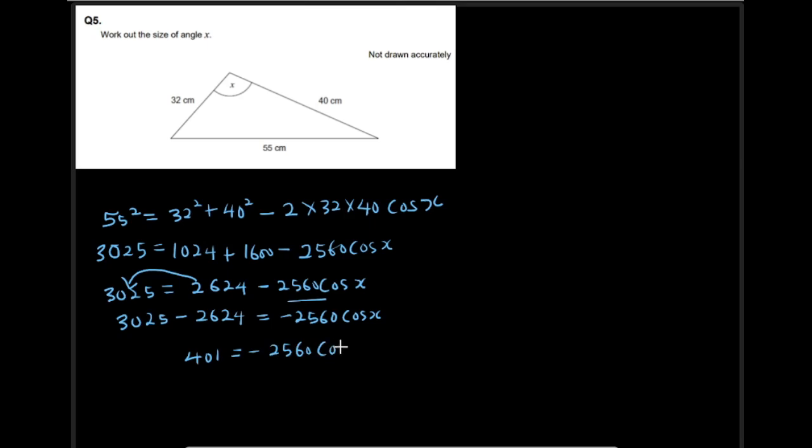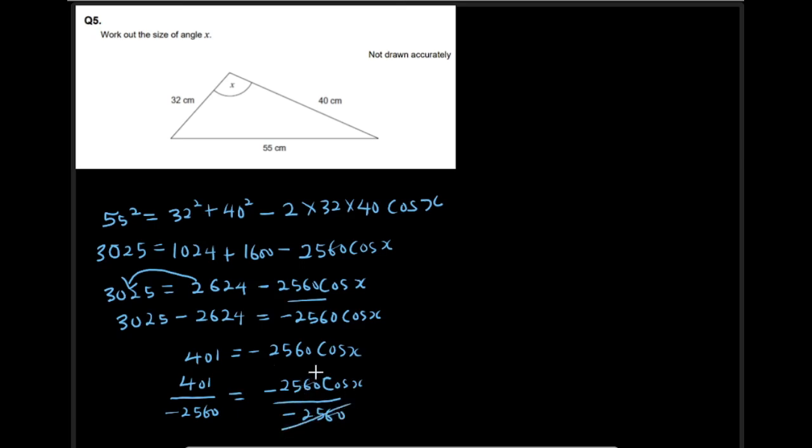2560 cos x. Alright, so to get x, we divide both sides by minus 2560. So that will give us 401 over minus 2560 equals minus 2560 cos x over minus 2560.